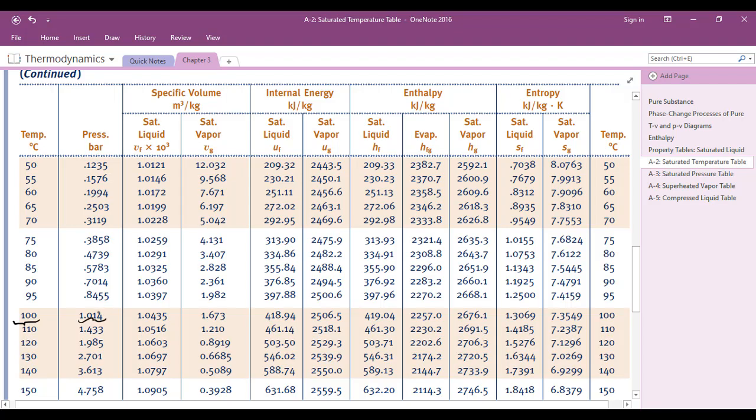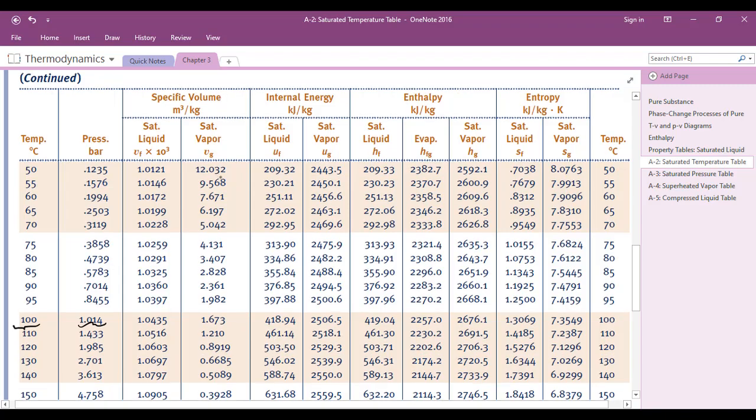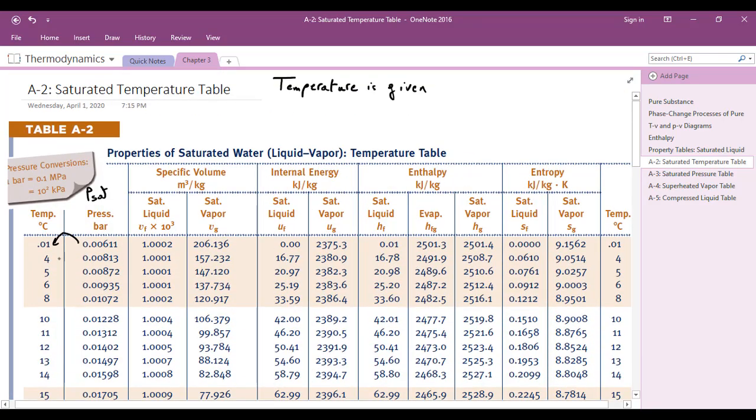We all know that under atmospheric conditions, for the water to boil, it needs to reach a temperature of 100 degrees Celsius. So this is the saturation pressure for a given temperature.